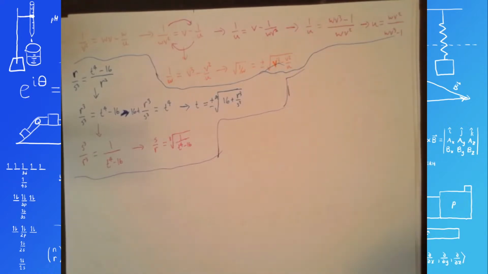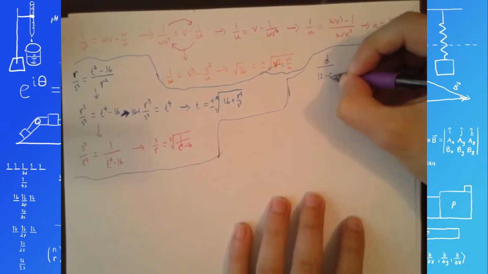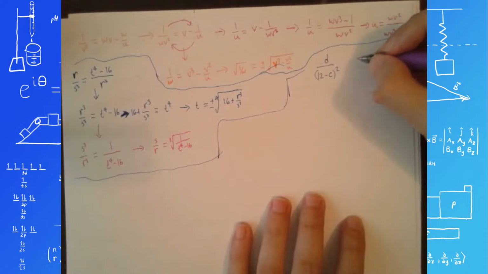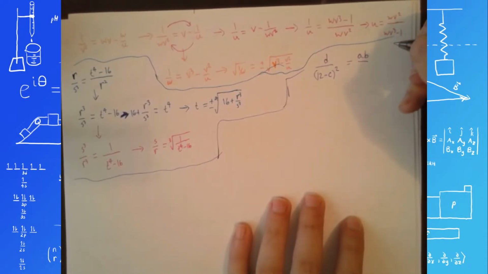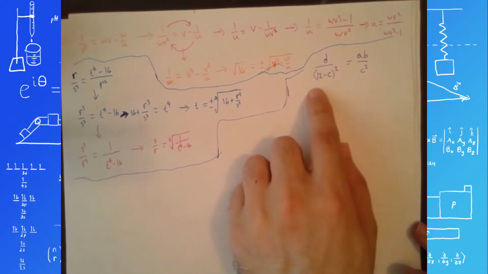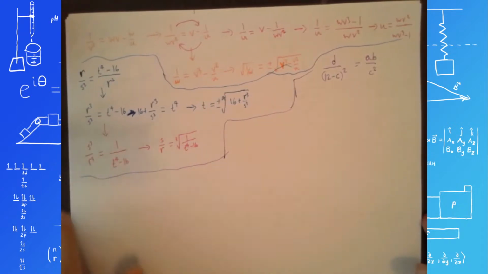We've got d over 12 minus c quantity squared equals ab over c squared. Like I said earlier, you might be tempted to try and FOIL this. That might not be the best of ideas. First it says solve for d over b. Solve for the ratio of d over b.